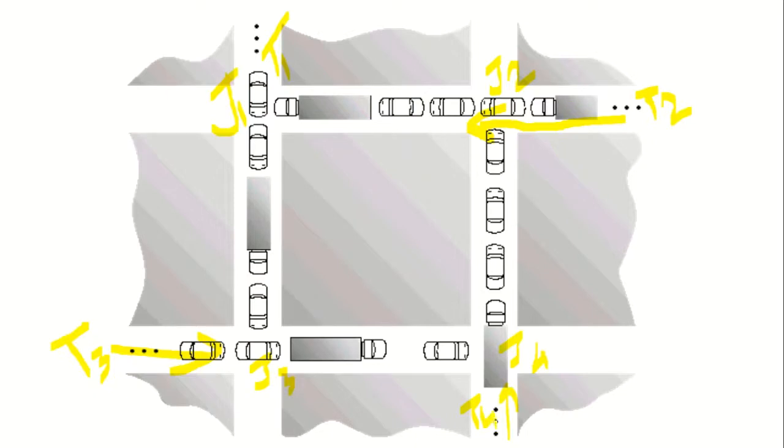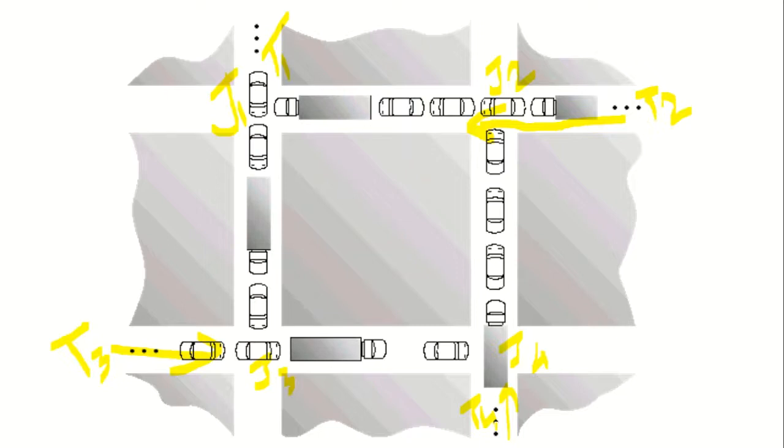These vehicles are now crossing junction J4. They are holding that junction. At this particular instant, you can see that none of the vehicles are moving forward. There is a deadlock.